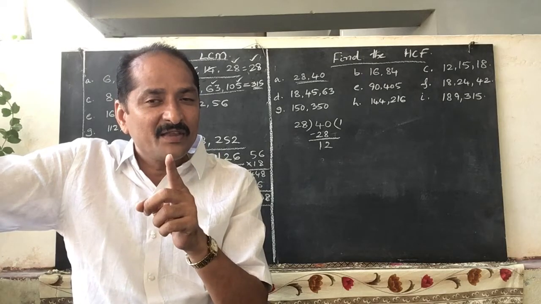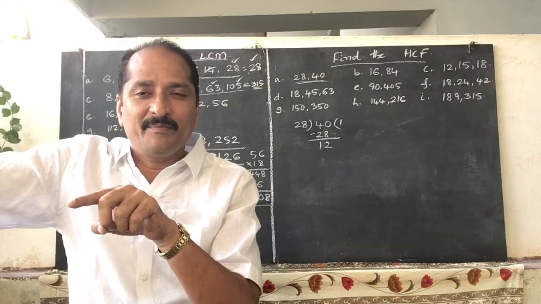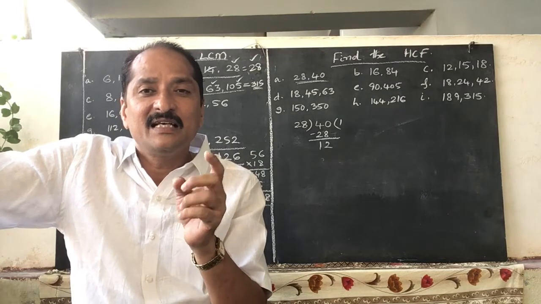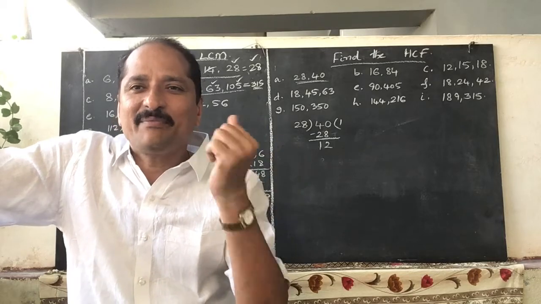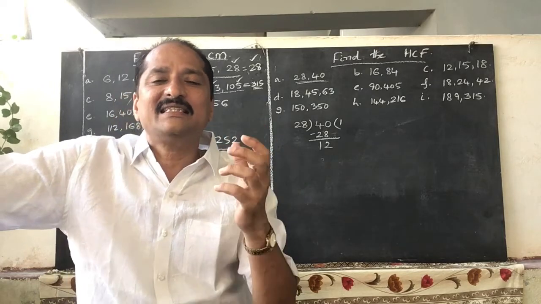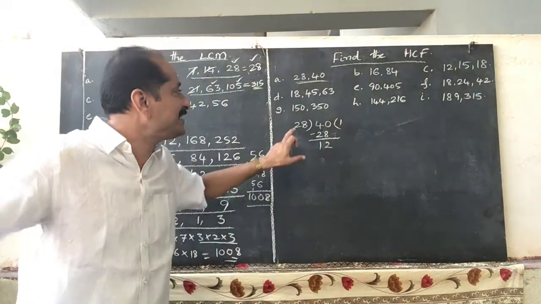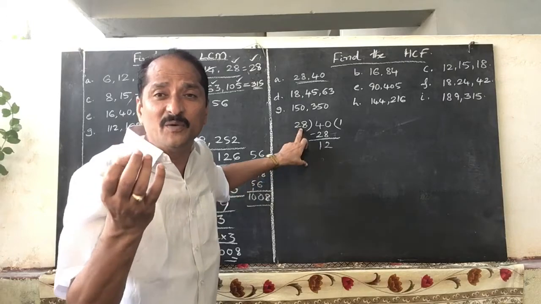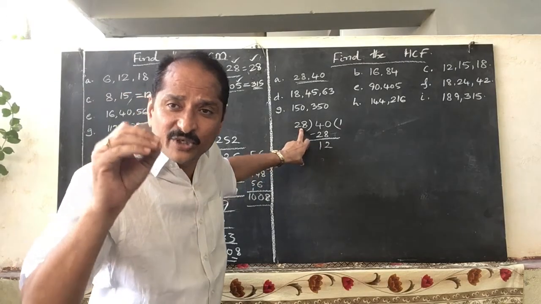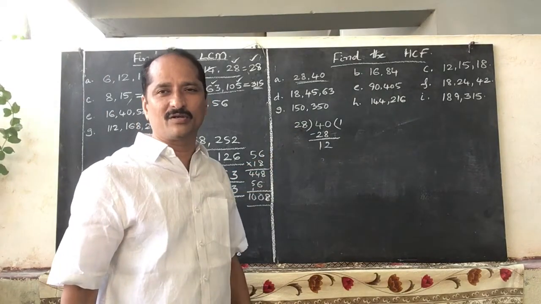LCM will be greater than or equal to the greatest number, but HCF is less than or equal to the smallest number. The smallest number among 28 and 40 is 28, so the HCF should be either 28 or less than 28. Now observe carefully, 12 you got.